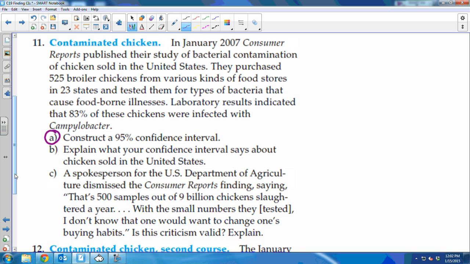If you're going to construct a confidence interval, what's the first thing you should do? Check the conditions. So we're going to check the conditions. Independent. Should the chickens be independent? Yeah. The chicken should be independent because why?